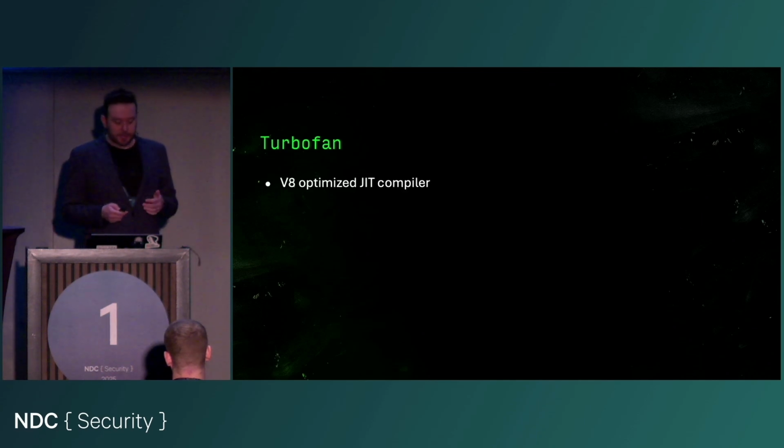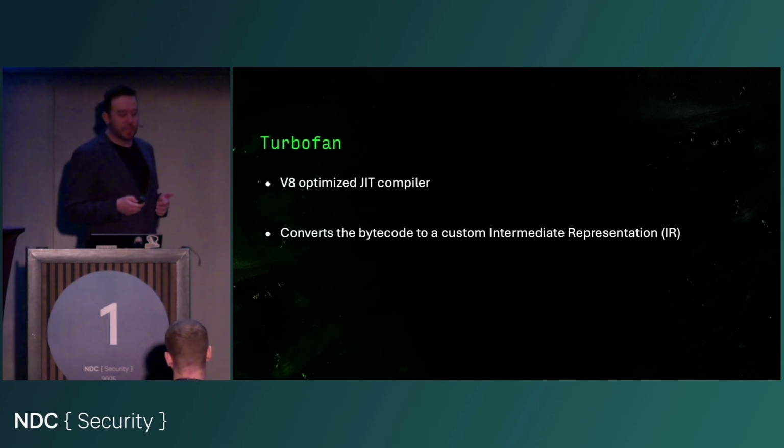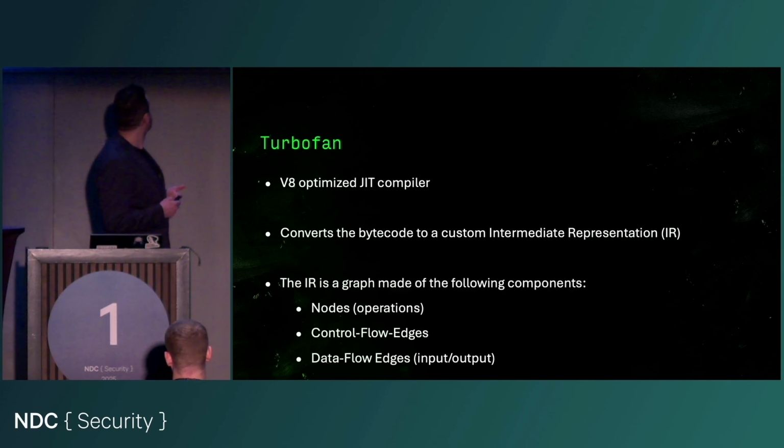So let's zoom in on TurboFan. We mentioned TurboFan earlier. TurboFan is the most optimized JIT compiler, on top of Sparkplug and Maglev, the new compiler. It basically converts the bytecode to a custom intermediate representation, or IR.